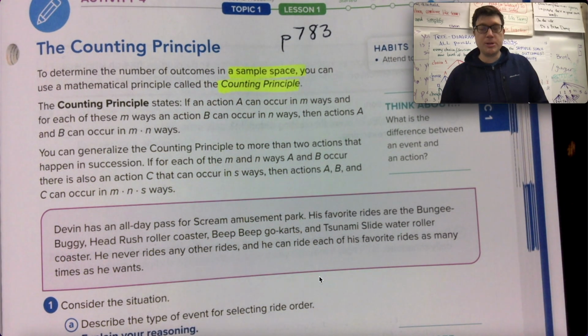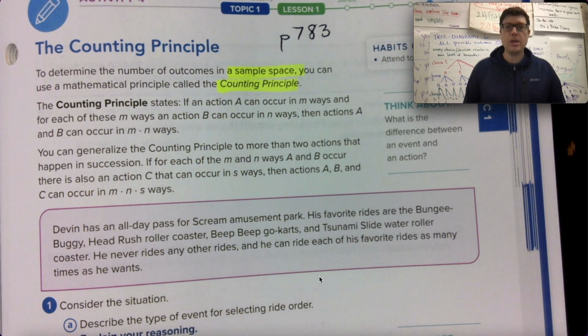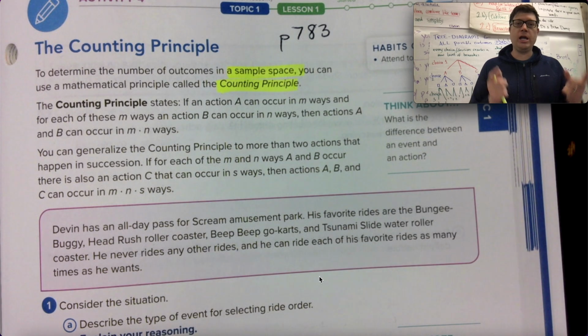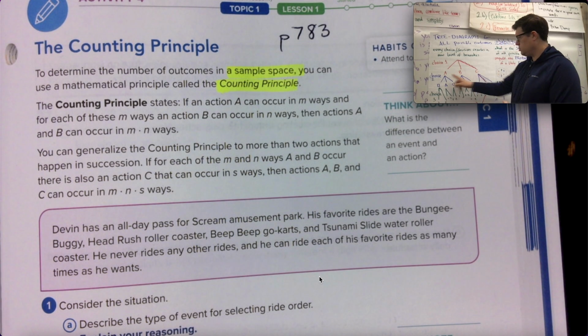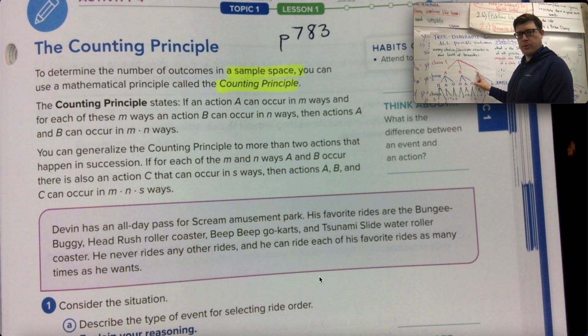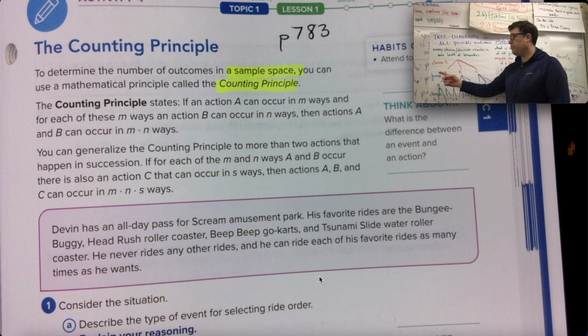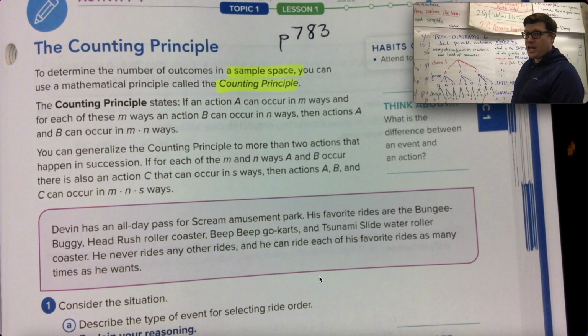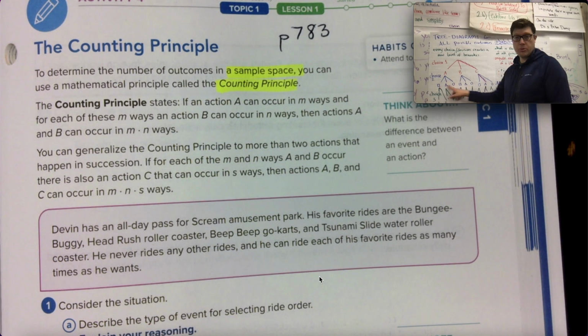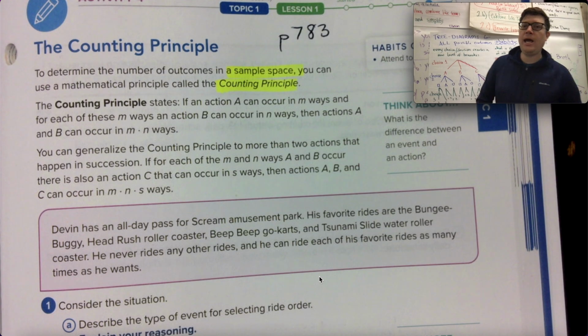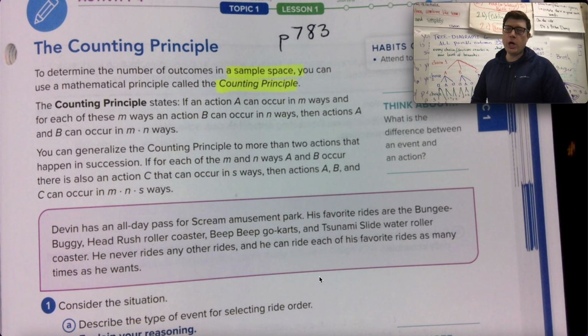The counting principle states, if an action A can occur in M ways, so 3 in my example here, and for each of those M ways, action B can occur in N ways, so 3 again, then action A and B together can occur in M times N ways.